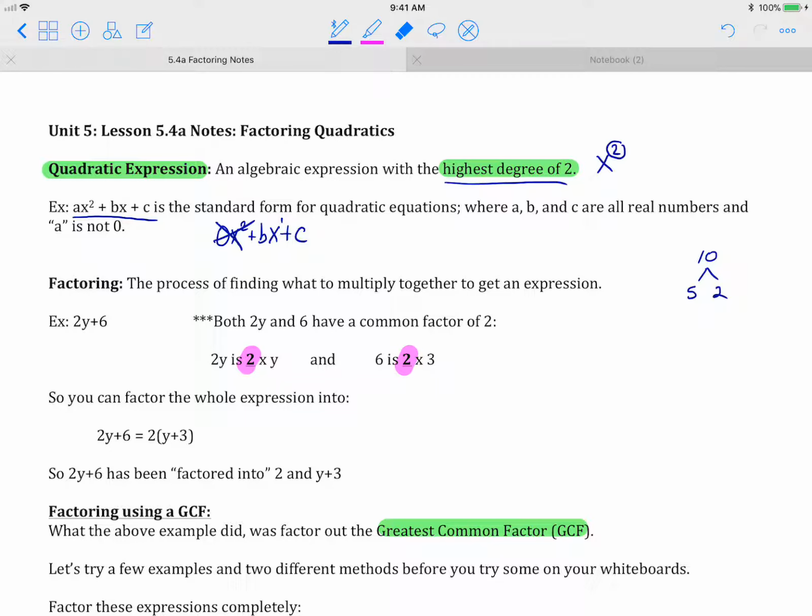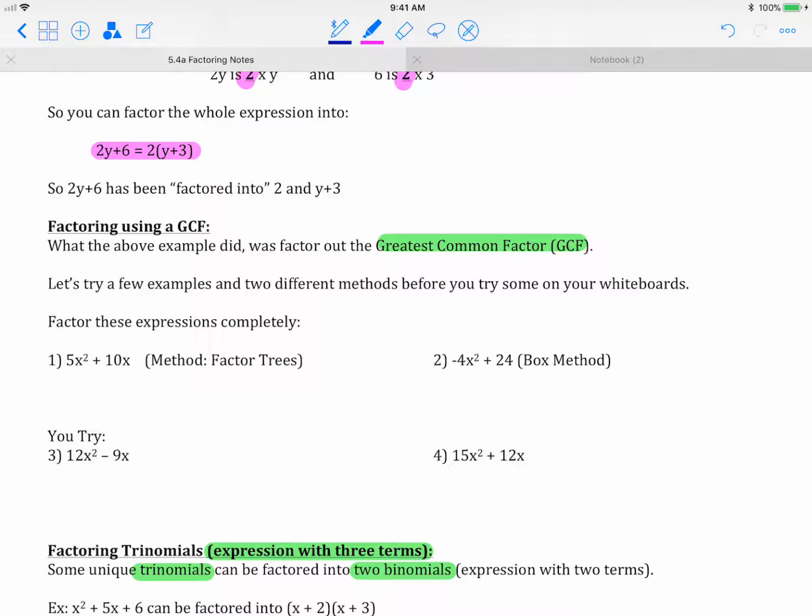So we can actually factor the expression 2y plus 6 into 2 times the quantity y plus 3, okay?